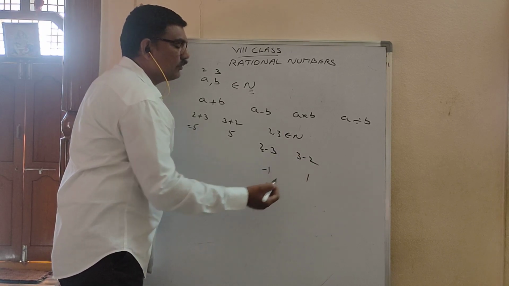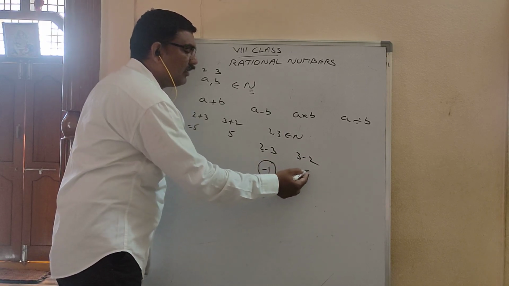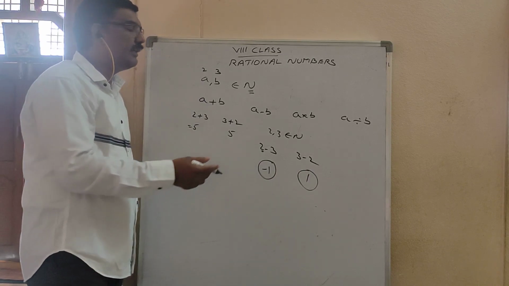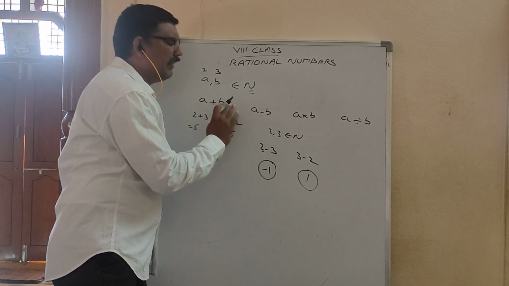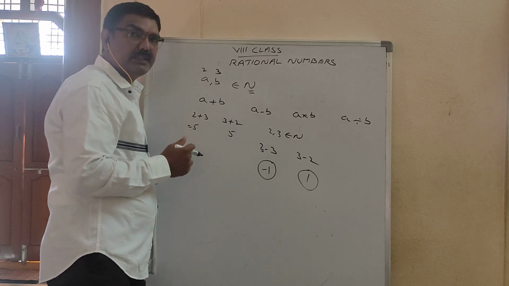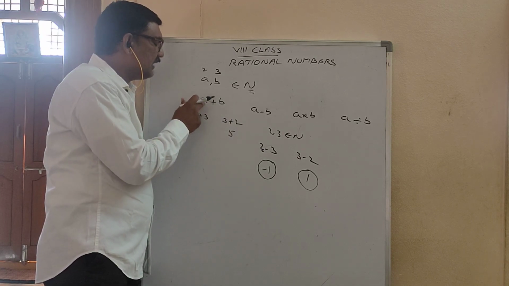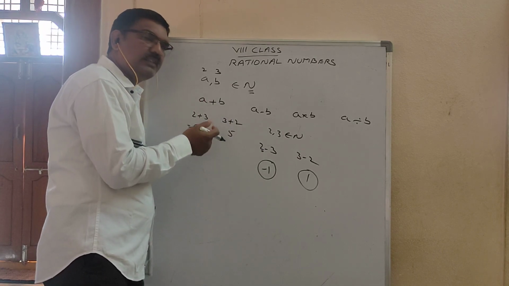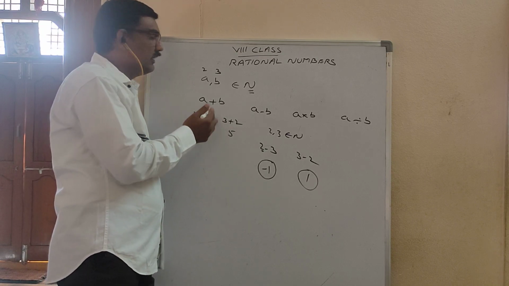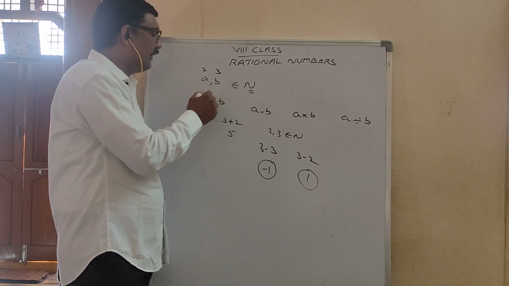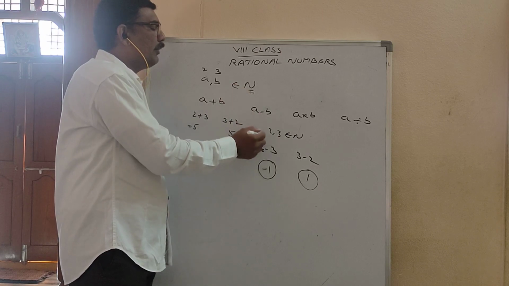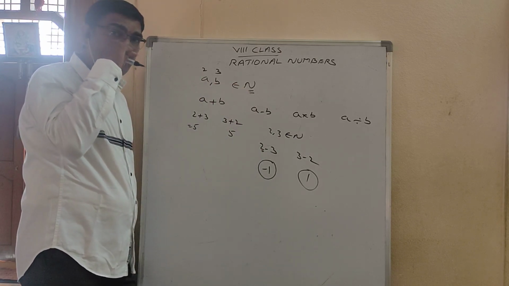And 3 minus 2 is plus 1. The results are not the same. Means A minus B never equals B minus A, whereas A plus B is always equal to B plus A. So the commutative property is satisfied for addition, but not for subtraction.